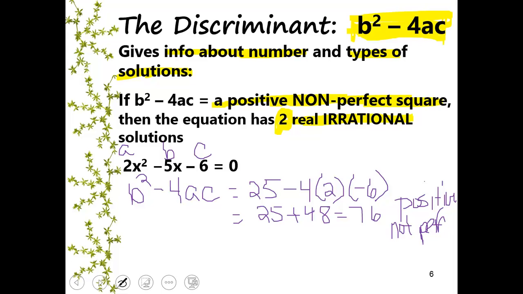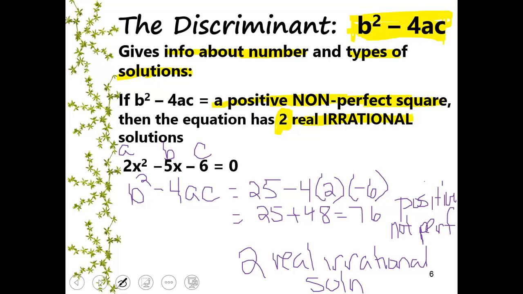So we're going to get 2, that's because it's positive, real, irrational solutions or roots. Let me fix that while I'm erasing. Solutions. And that'll be it.